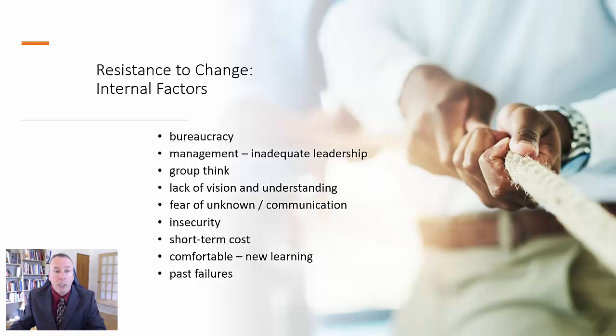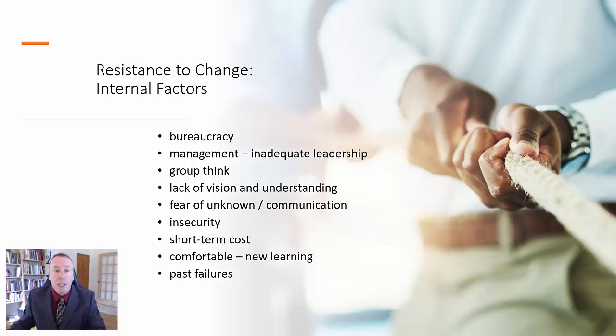And due to that bureaucracy, there's just resistance to change coming from the rule makers, and because they have to enforce all these things, that can be a serious issue. I will address this in great detail after a while, but if there is too much management, or if the management that exists are inadequate leaders, in other words, they are great managers perhaps, but they lack leadership abilities, vision, effective communication, mentorship, those various characteristics associated with a leader.